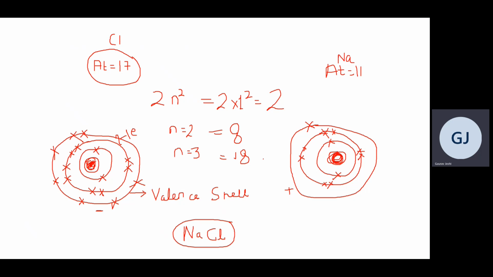Now when there is such a transfer, one atom is donating the electron and the other atom is accepting the electron. So there is a formation of a bond. This atom will be transferring the electron and this one will be accepting that electron. So there will be a bond formation between this electronegative and electropositive atom.